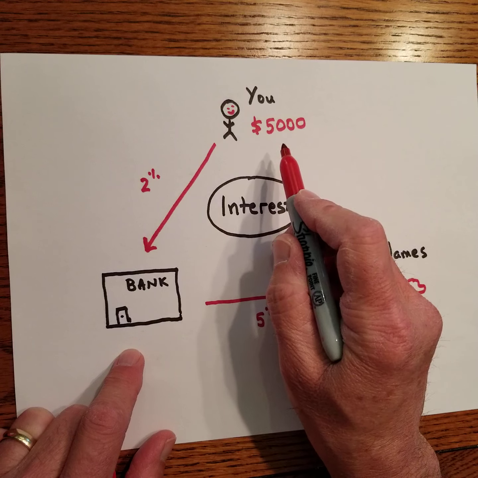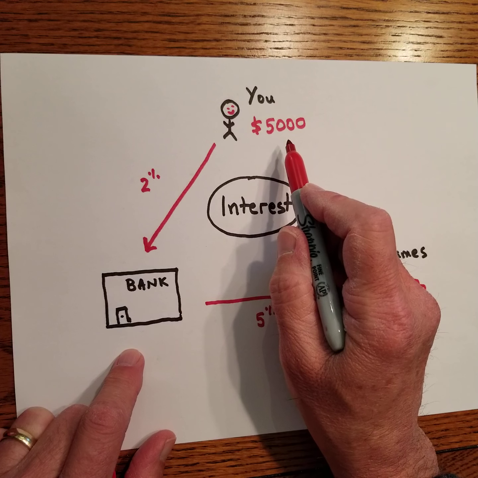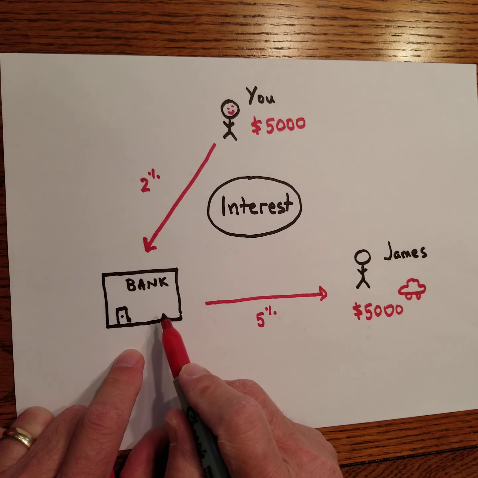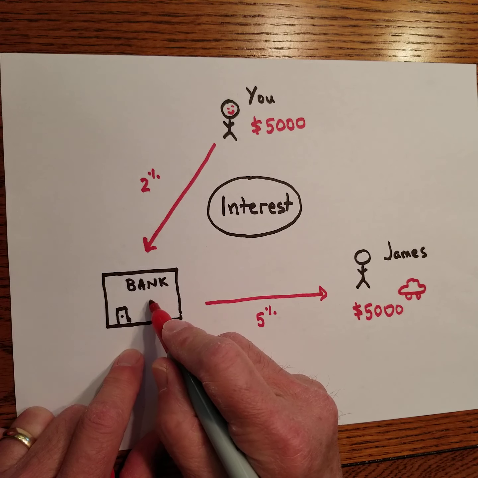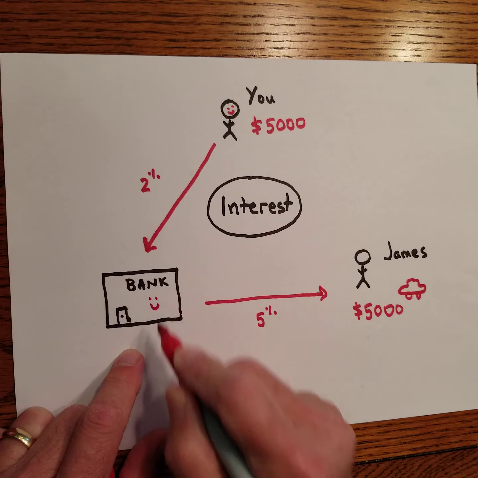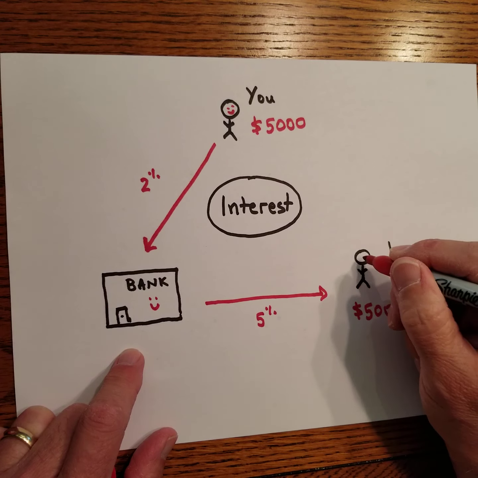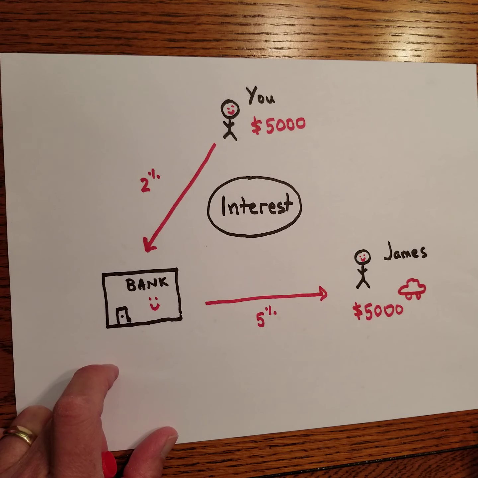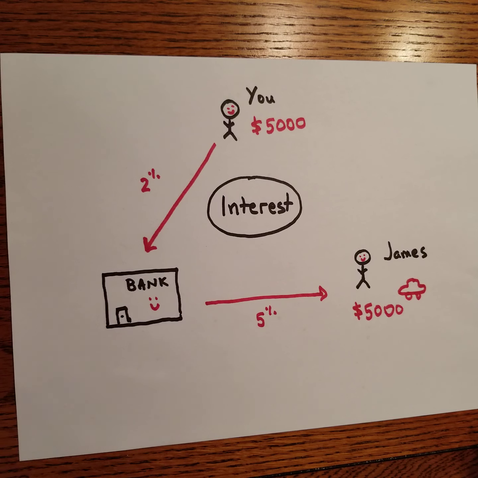So you get back your $5,000 plus $100. You're happy. The bank, well, they got $250 from James and only gave you $100. They made $150. They're happy. James, he got a car. He's happy. Everybody's happy so long as James pays back the money.